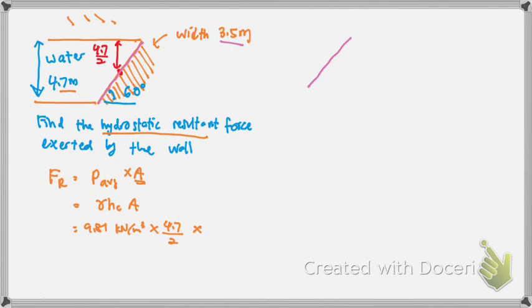That length is not given, but you are given this 4.7, and the angle here is 30 degrees. So we assume this is y. Your y is equal to 4.7 over sine 60. Here is 60.